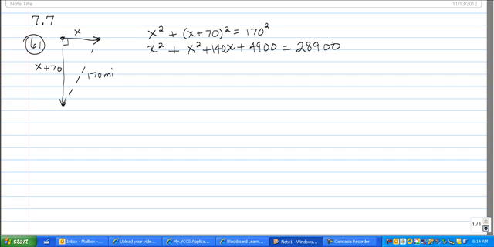Okay, so we see we do have a quadratic at this point. So what we want to do is get it equal to 0 on one side. So I'm going to collect my like terms together and subtract the 28,900 from both sides.